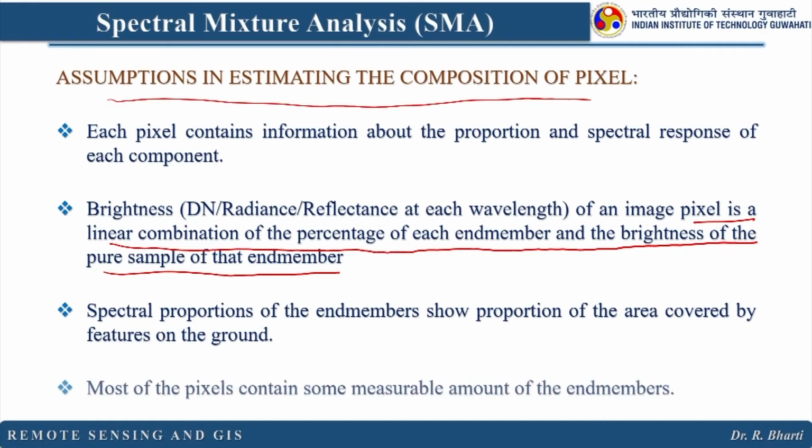These are a few assumptions we make while estimating the composition of the pixel. Most pixels contain some measurable amount of end members. Again, these are assumptions, like we assume it is there, but it may not be. So it depends on what assumption you make, what kind of data you have got, and whether they are actually supporting each other or not.